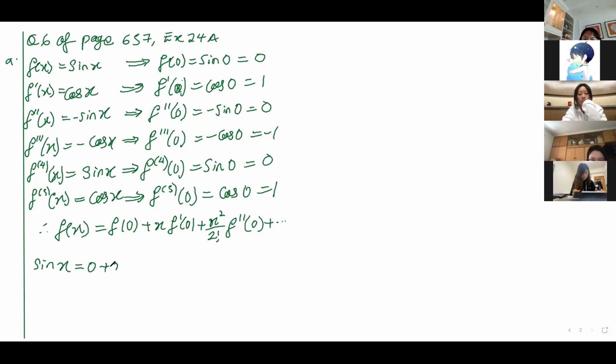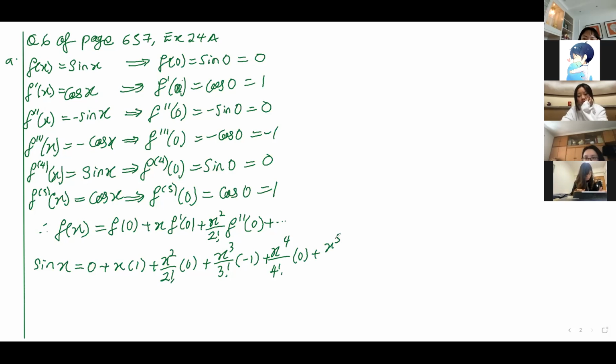Okay. Then x times 1, x squared over 2 factorial times 0 again. Then x cubed over 3 factorial times minus 1. Then x to the 4 over 4 factorial times 0.